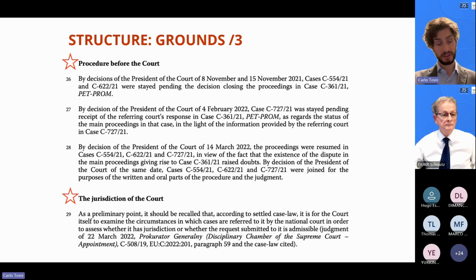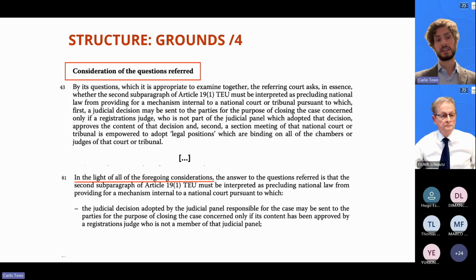There are possibly some sections on procedural issues, jurisdiction of the court, admissibility of the action, and so on and so forth, which are eventual. It is only possible that the judgment contains these sections, which is not the case for the third and main section into which the second part of the decision is divided, which is the one related to the substance of the decision.